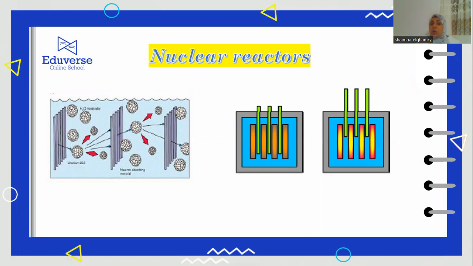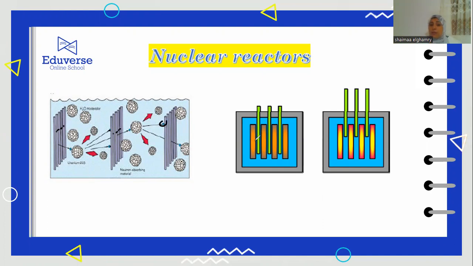These neutrons complete to bump another uranium, which is broken into other nuclei and producing another neutron. As you can see, these gates are cadmium gates, which control this reaction. Control the reaction by absorbing these neutrons.